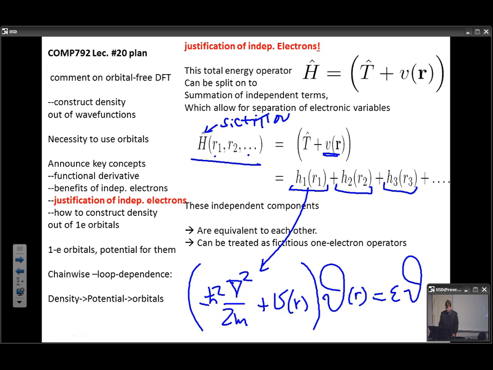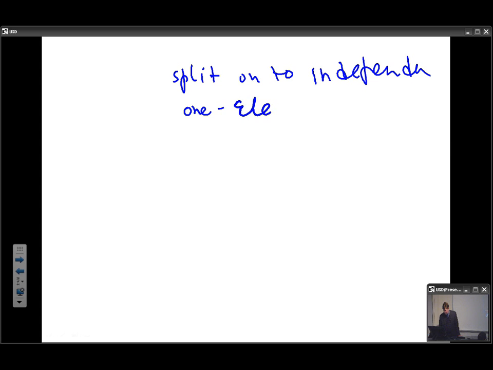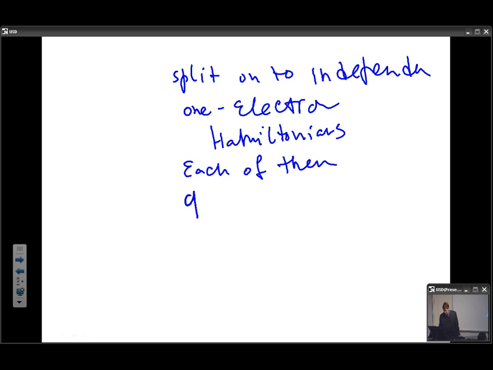These are independent one-electron Hamiltonians, and each of them can generate one-electron orbitals.